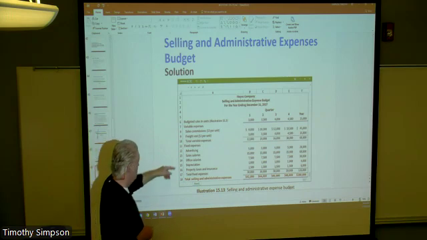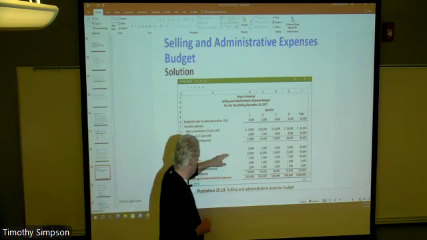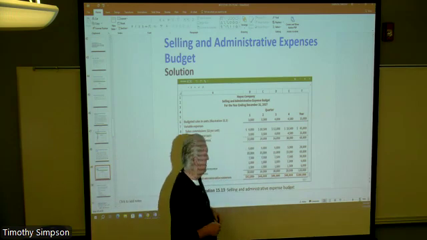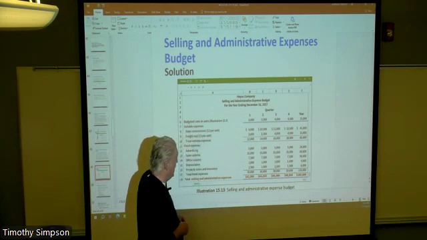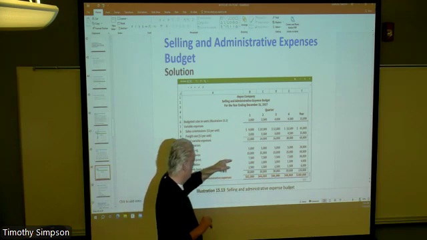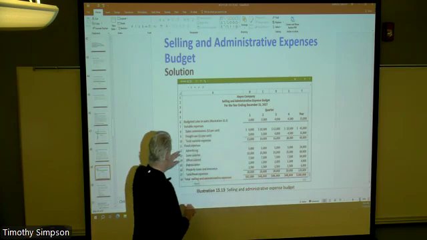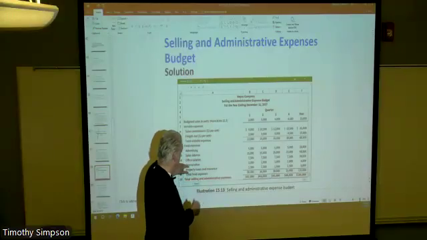And then we have fixed costs. Now, one thing I wanted to say here was we have advertising, and notice that the fixed costs are fixed all the way across. This is why they're called fixed, because they're not expected to change throughout the accounting period. Now, in reality, this may be a little bit of an oversimplification, because all these line items are fixed all the way across, whether it's sales salaries, office salaries, or depreciation on things like computers and furniture.